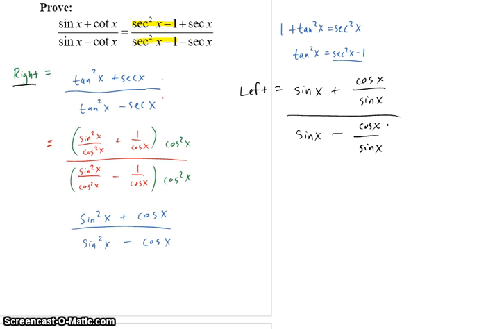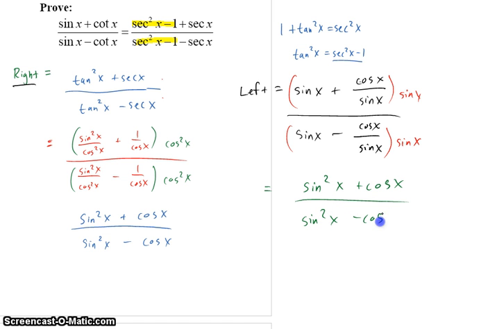Okay, I'm going to multiply through the top and the bottom by sine of x. All right, and so I get sine squared x plus cosine of x over sine squared of x minus cosine of x.